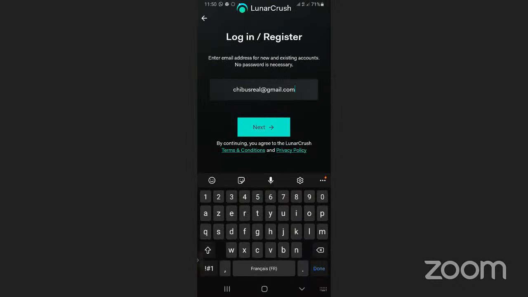That's what I was saying. Go to that Lunar Crush. Okay. Delete. I think this is what you use, right? You can use it now. You can go ahead now and use it.